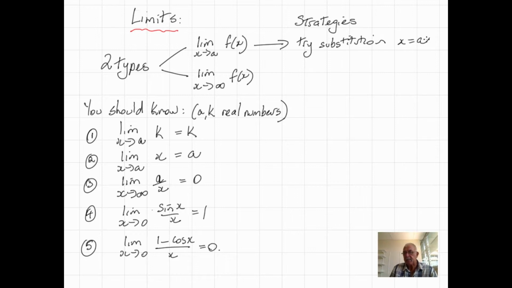Now if it works out to be a value, well that's fine, you've got the limit. If you get division by 0, so you get some value over 0, so this can be any value, try cancelling down.